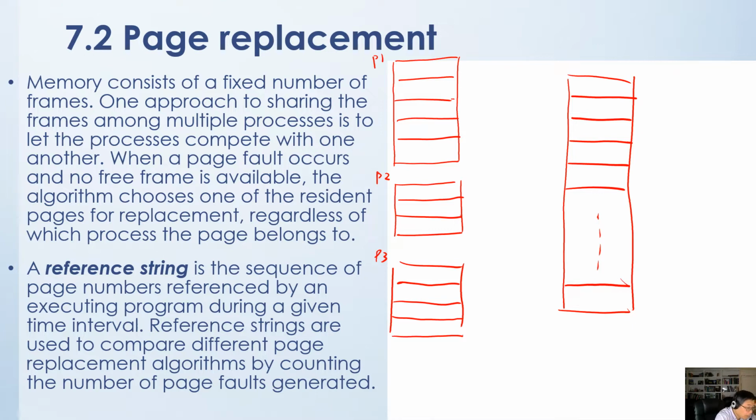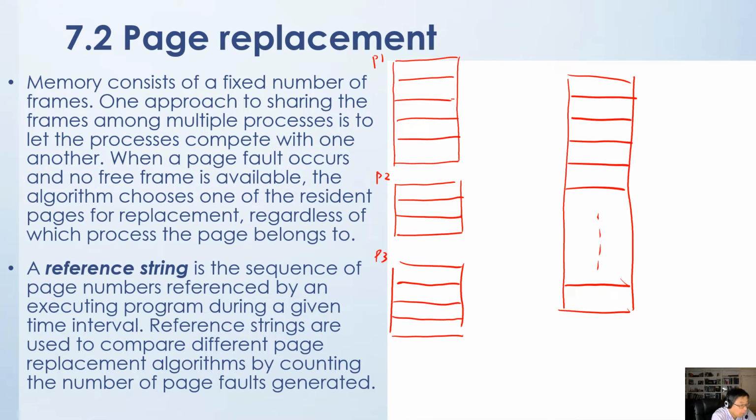Memory consists of a fixed number of frames, because once you purchase a computer system, the memory size is always fixed, right? We also mentioned that for various different reasons, there's no way you can load all the pages into the computer memory.